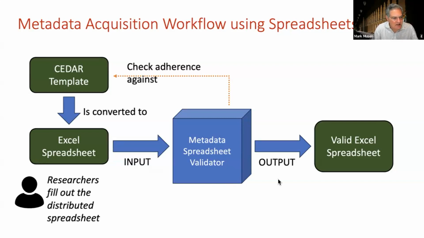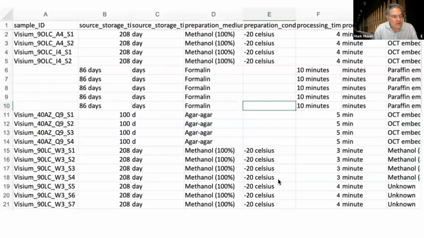What we create is a spreadsheet that basically allows one to enter metadata that comport with the predefined reporting guideline using the appropriate ontologies. And this is what the spreadsheet looks like. The columns in the spreadsheet are all derived from the metadata template entered into CEDAR. And this is really great for people who have multi-valued, multi-data from multiple experiments.